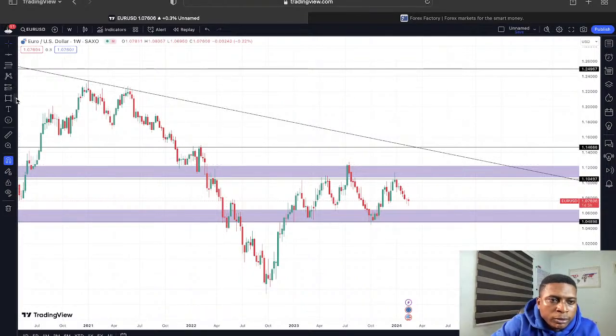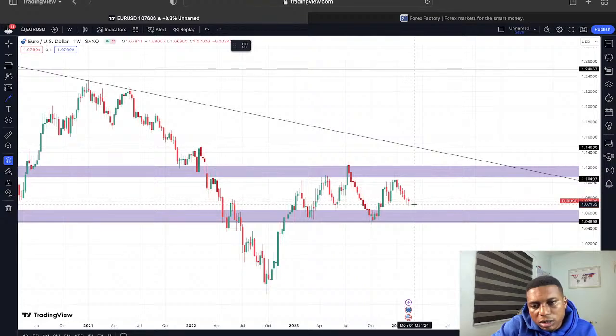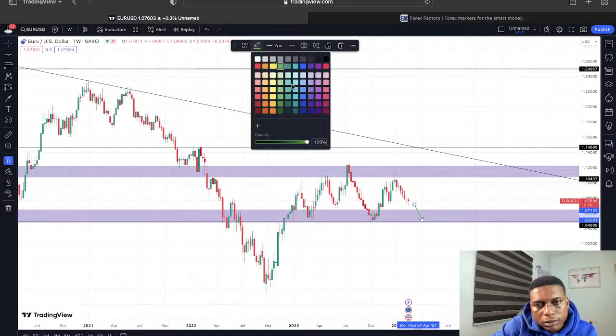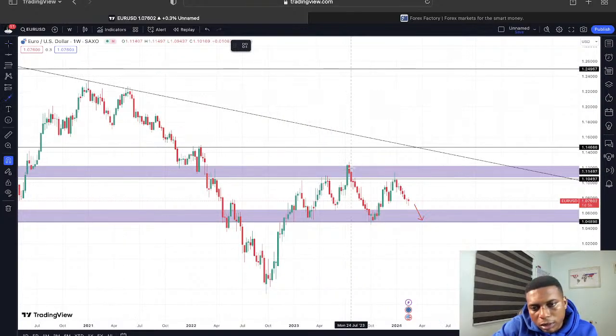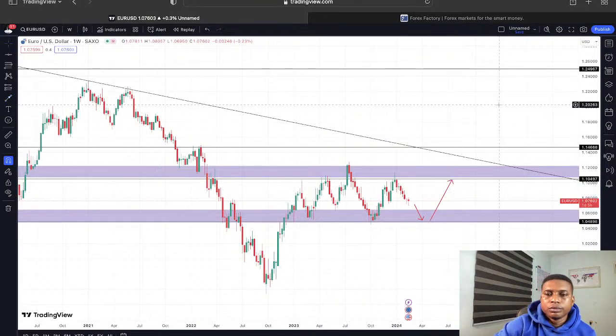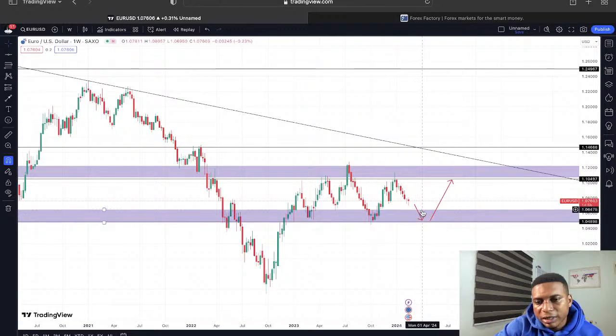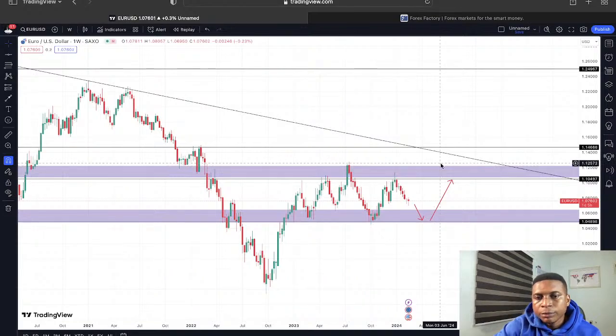So what we might most likely see price do is come to touch this region, and then you might see it push up.